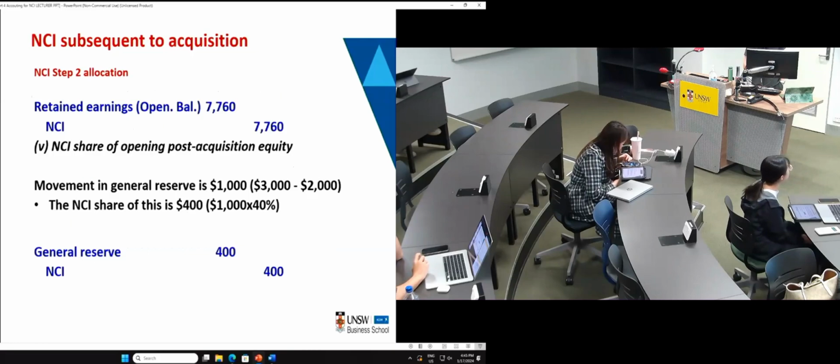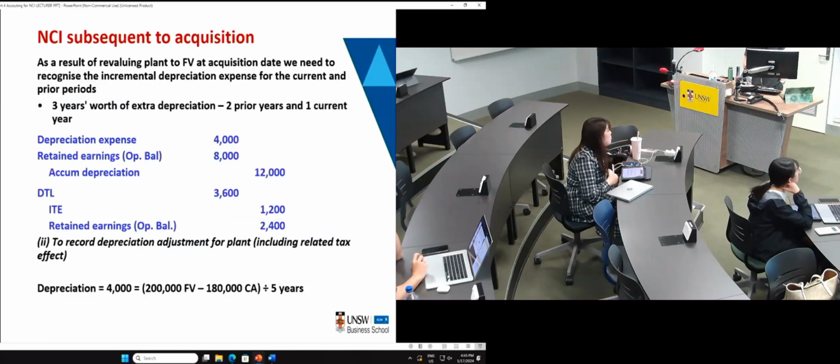Now, if we go back to our RRC entries one more time, here we go. You can see in the current year worksheet, we prepare adjustment of the depreciation, right? And ITE, okay. Now, these two-line adjustment effectively reduce the profit that subsidiary contribute to the group.